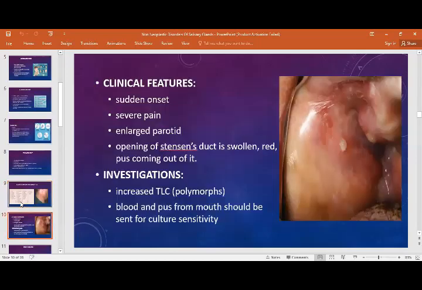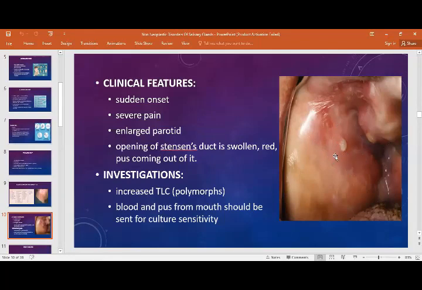Again, the presentation of the patient would be sudden onset, severe pain, and when we see the parotid gland, it is quite enlarged, and sometimes there is pus discharge coming out of the opening of the duct. As you can see in this case, the Stenson duct is swollen, red, and pus is coming out from it.